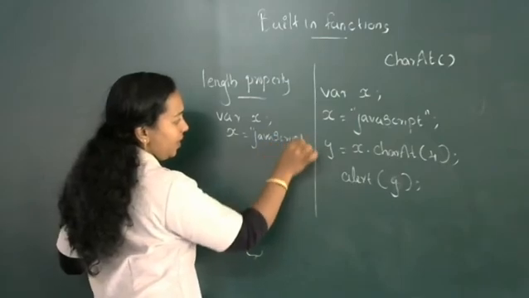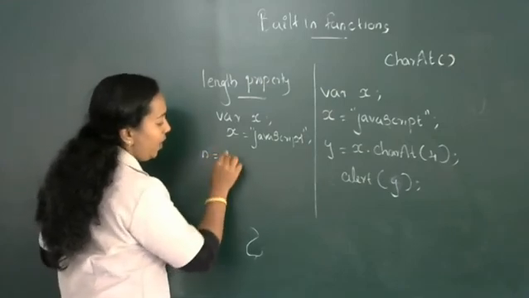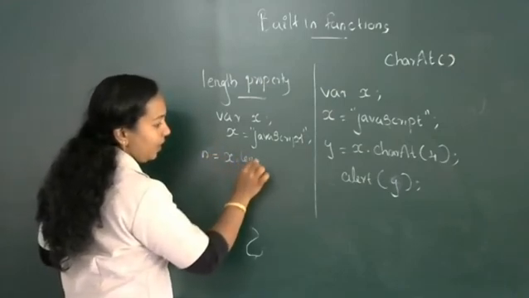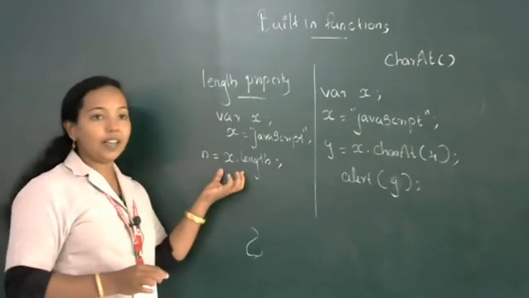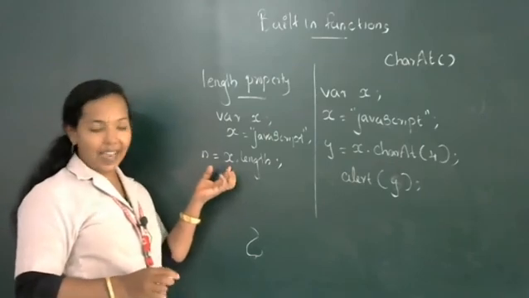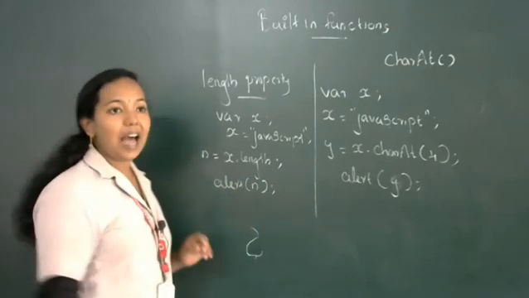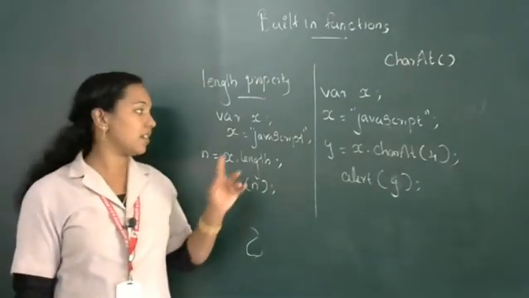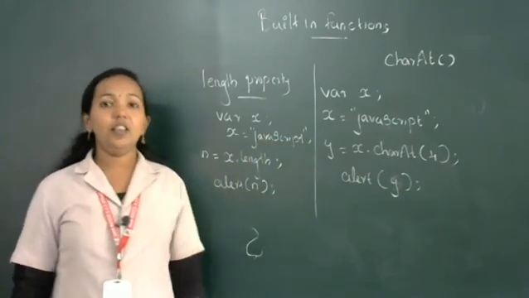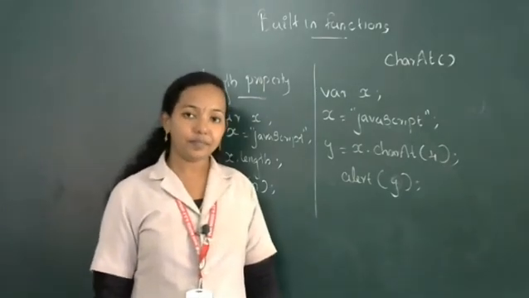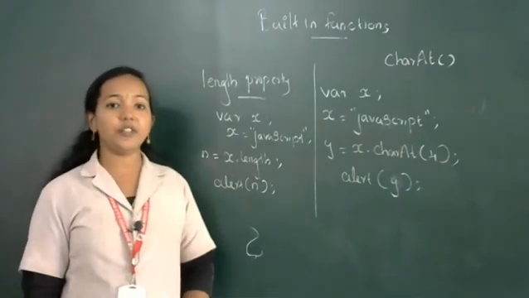Then n is equal to x dot length. We are finding the length of the string x. Then alert of n means the number of characters present in JavaScript: 1, 2, 3, 4, 5, 6, 7, 8, 9 and 10. So what will be the answer? 10. Okay, clear?